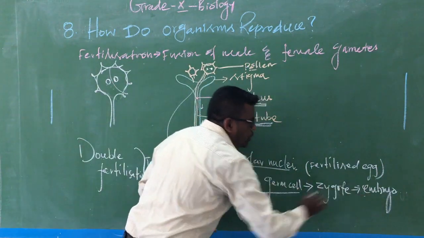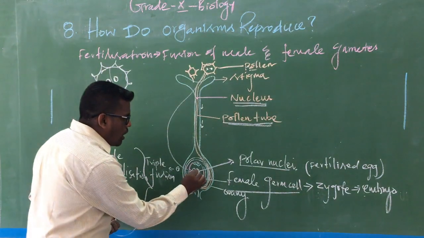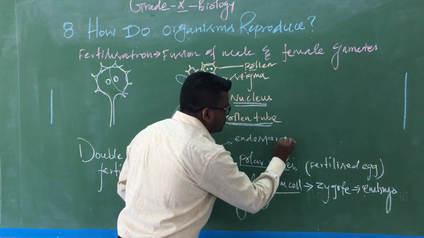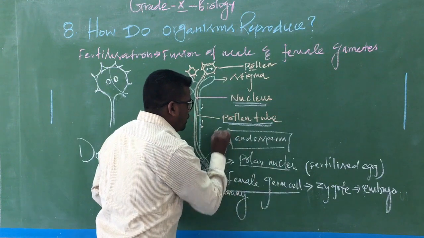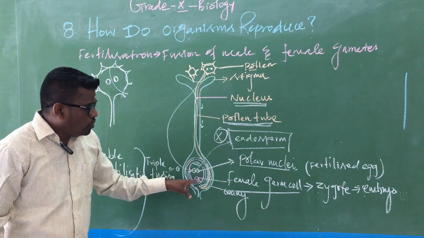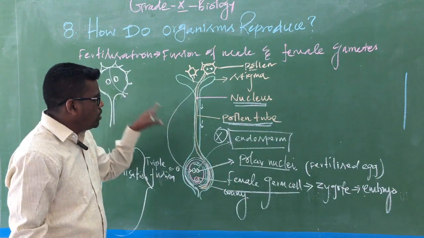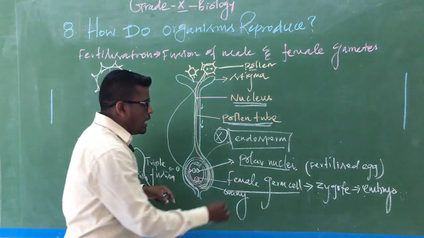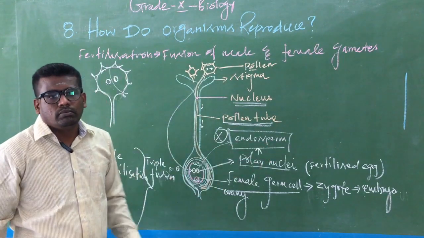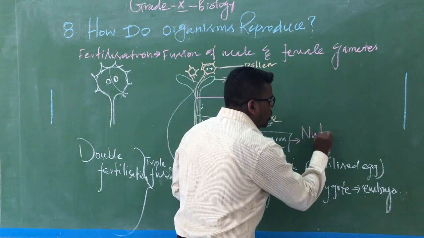Here, the zygote develops into the embryo. And what happens here? This triple fusion develops into the endosperm. Very important: what is endosperm? The male nucleus fused with the female germ cell forms the zygote. Another male nucleus fused with the polar nuclei and forms the endosperm. Now you should know what endosperm is.